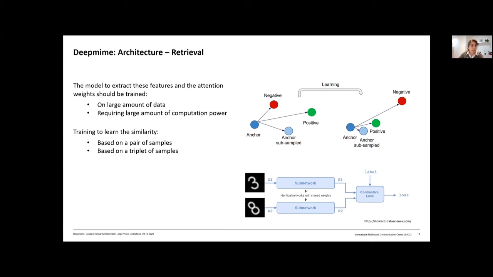From these different methods, one of them is the triplet network, which takes 3 samples at a time and tries to extract the representation in such a way that the anchor sample has the maximum distance to a negative sample, which is not similar to the one that we are considering, and has the closest distance from the representation point of view to a similar sample.